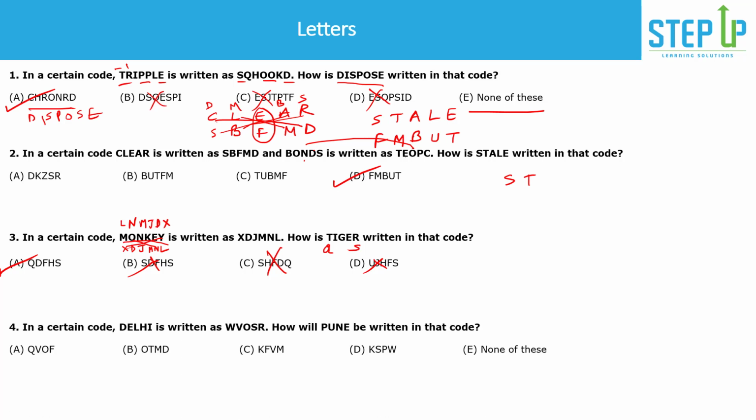Okay, in a certain code, Delhi is written as WVOSR. Okay, if you notice, this is very far away. That means it could be the reversal happening, right? So either we could go and check from that table of 13, or you can say place value. What is the place value of D? It is 4, isn't it? E is 5, right?